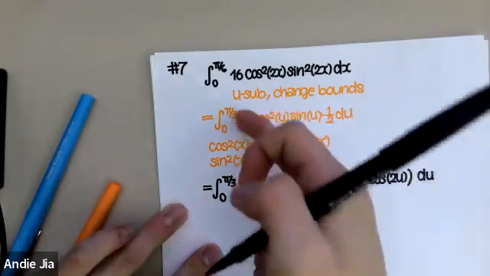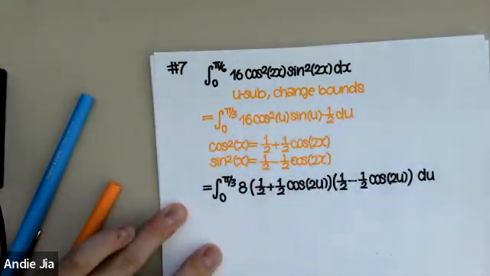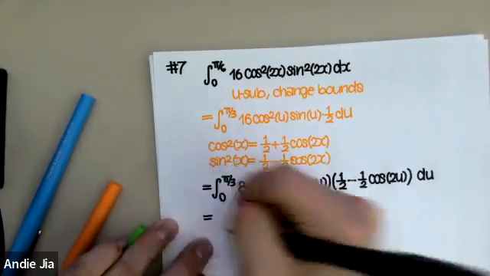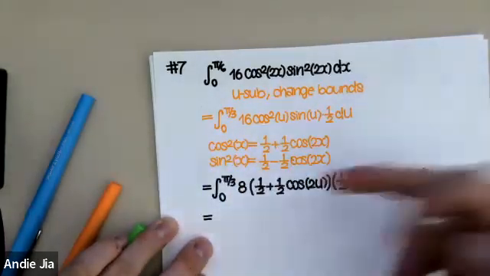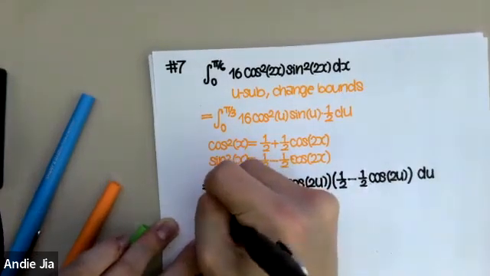Note that 16 times 1/2 is 8. Now we expand. 8 is a constant. We pull it out so we don't miss it because of the 8 below everything here. We move 8 in front of the integral.